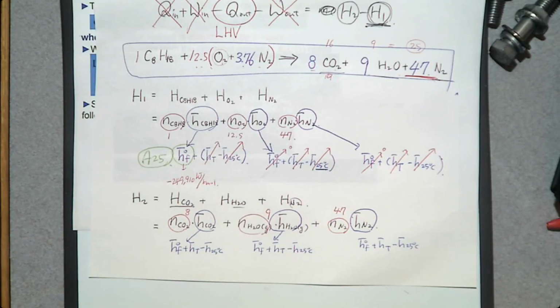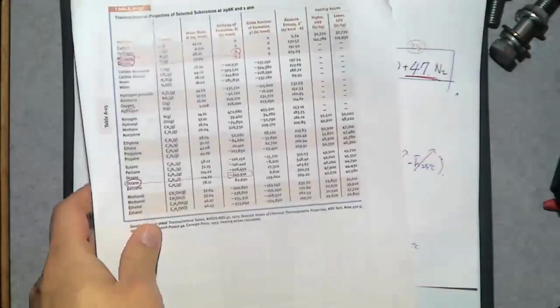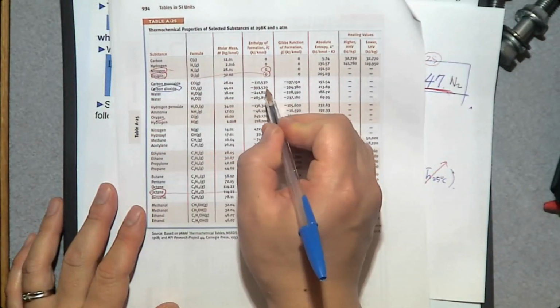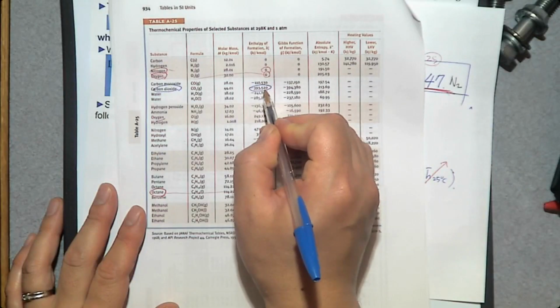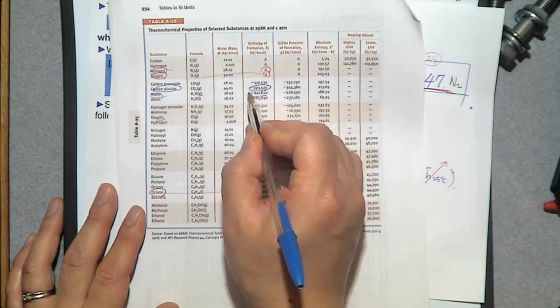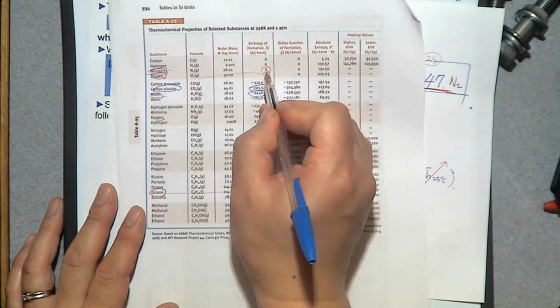Now, we need to determine the enthalpy of formation values from table A25. Carbon dioxide, water, nitrogen. Carbon dioxide, so this is the enthalpy of formation. Water, this time water vapor, so this number, and nitrogen, 0.